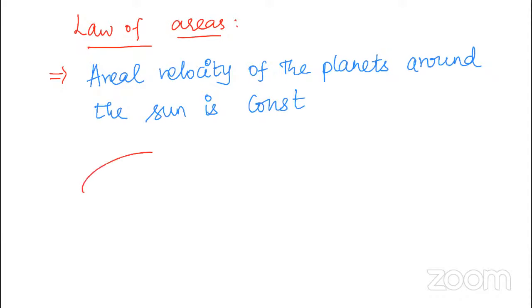Suppose this is our elliptical orbit, and here our sun is there. And here the planet is there. If you calculate the areas at the time of revolution, the aerial velocity between the sun and the planet should be constant.